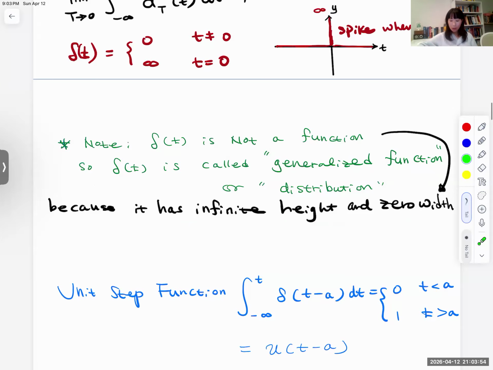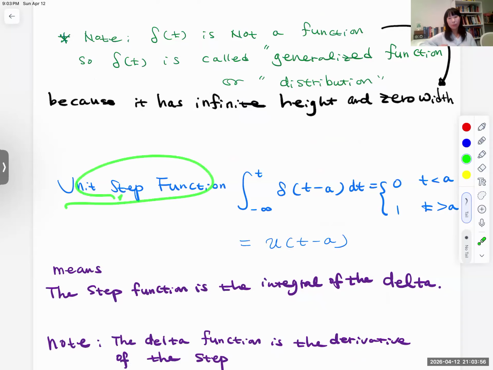All right, now we have the unit step function.